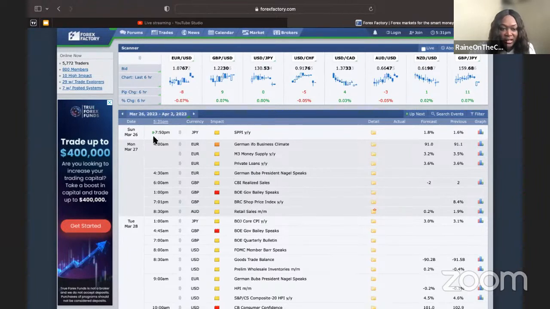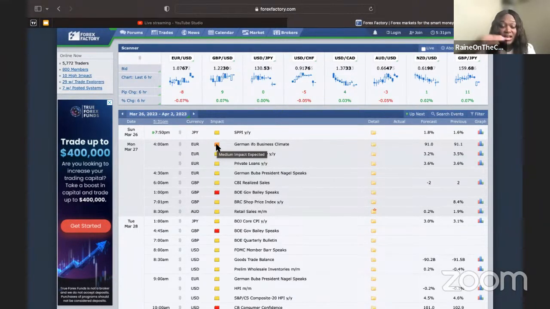On Monday, 4 a.m., there's news on the Euro, orange folder. Orange folder is medium impact news. So, I always say risk 1, 2, or 3% of your account. 1% if you're new or a conservative trader, 2% if you're moderate, 3% if you're aggressive.